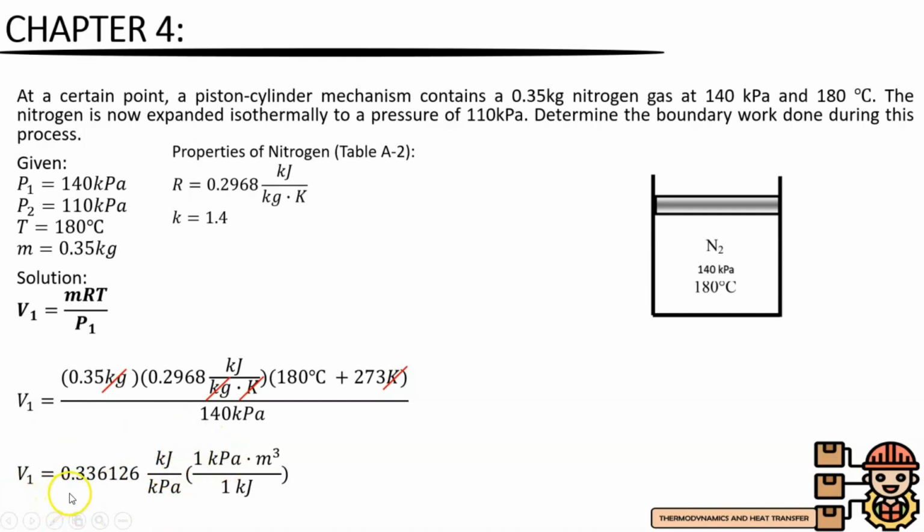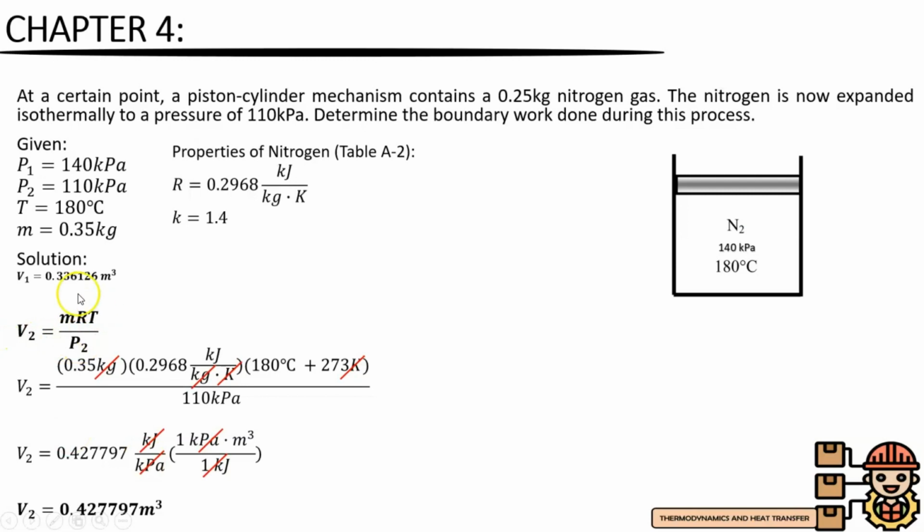We use 1 kilopascal cubic meter equal to 1 kilojoule, so the kilojoule and the kilopascal units are crossed out, and what we have left is the cubic meter. So the value for our initial volume is 0.336126 cubic meter.